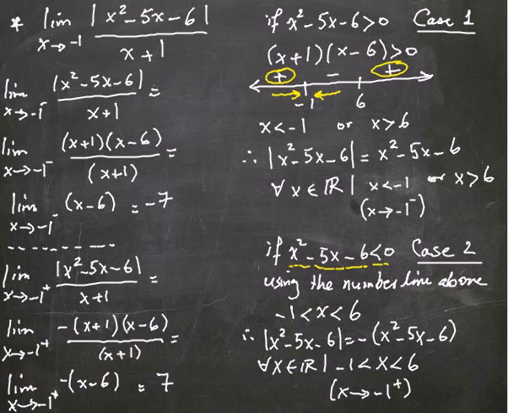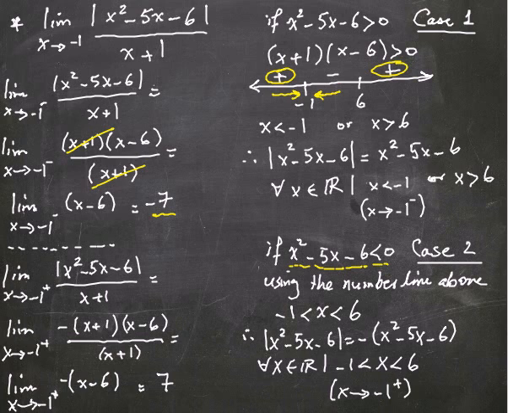Therefore, when we remove the absolute value, we can leave it as is, and we just factor, cancel, and substitute negative 1 in there, and I get negative 7. But when I go to the limit as x goes to negative 1 plus, that is where the expression is negative.